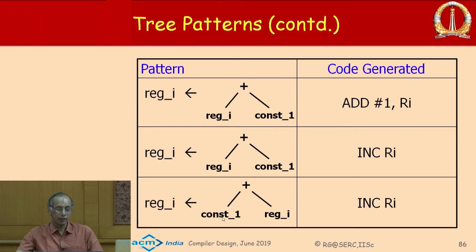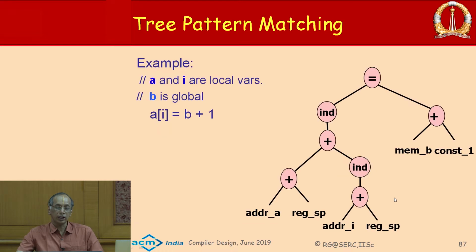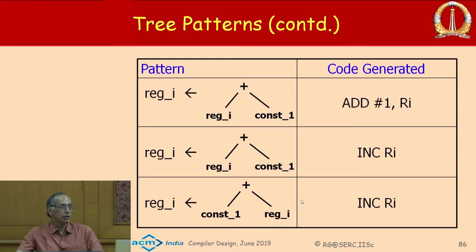And if you want to do constant plus register, then it is also an increment and so on. Like this, for all the instructions and possible combinations you generate the patterns, and all of these patterns can be expressed as grammars. That is very important because later on you will use these grammars to write these code generators.